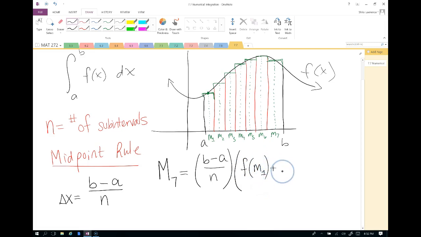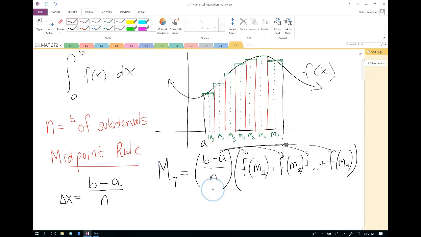For my second rectangle, it's the functional value at the second midpoint, and so on until we get to our last midpoint. I've got all of my heights grouped together because technically we could do this one at a time, but they all have the exact same width. So what I've really done is factor that width out once to the front.